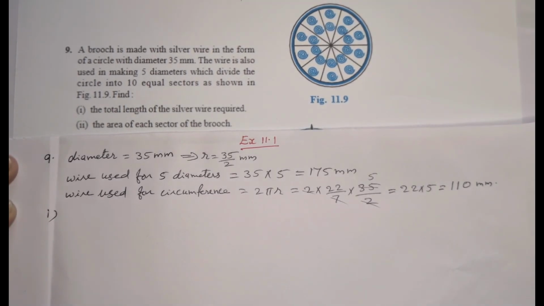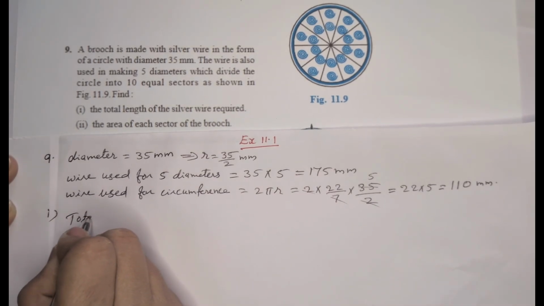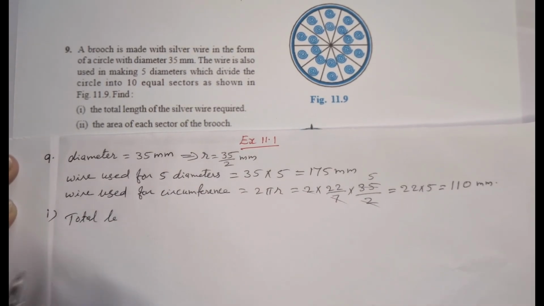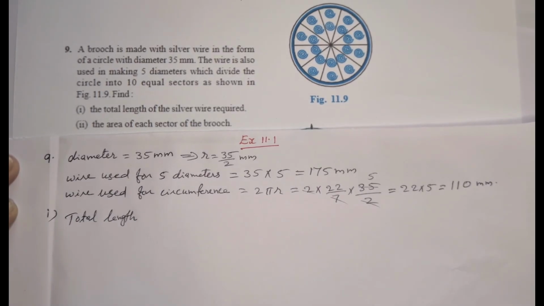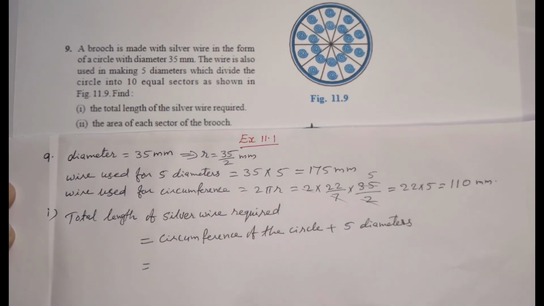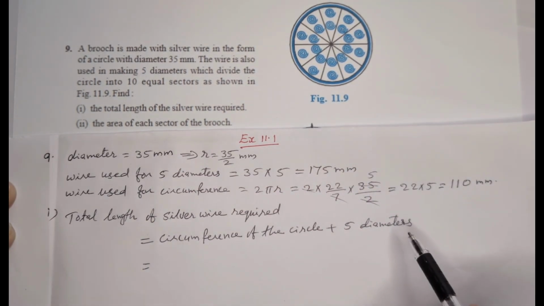Now the first part of the question: total length of silver wire required. Total length of silver wire required is equal to the circumference of the circle plus 5 diameters.